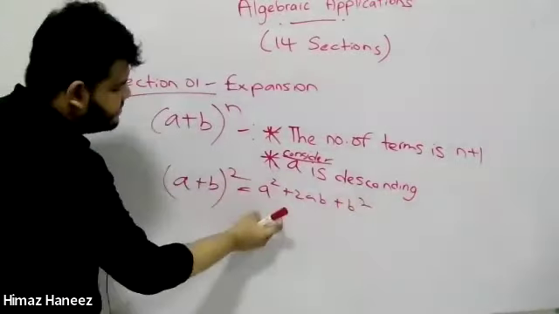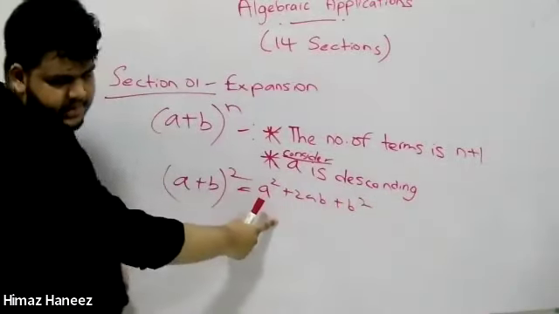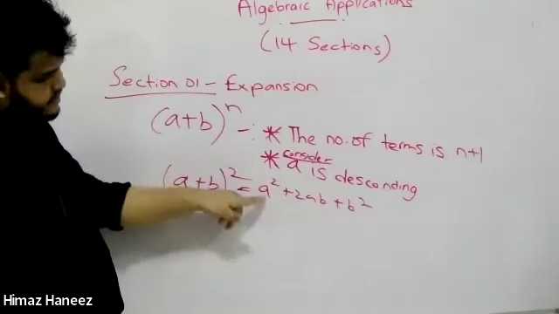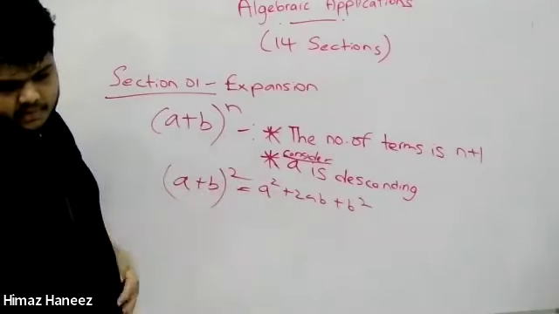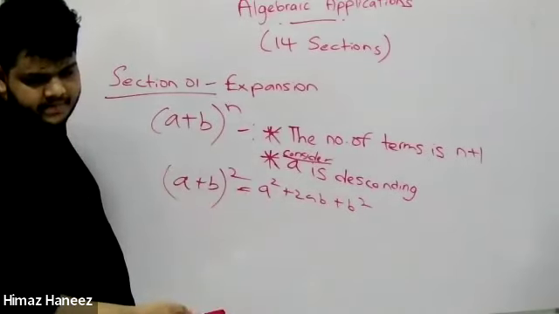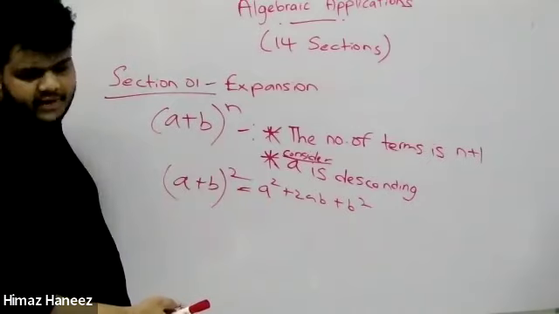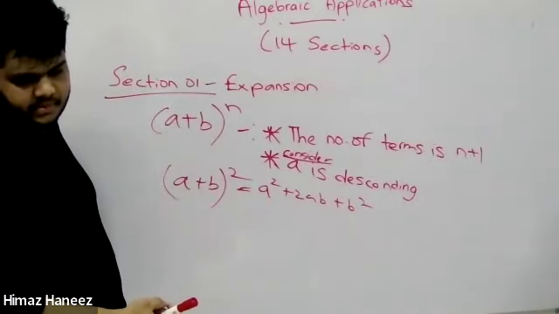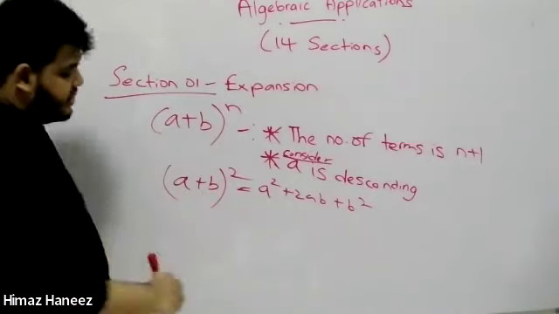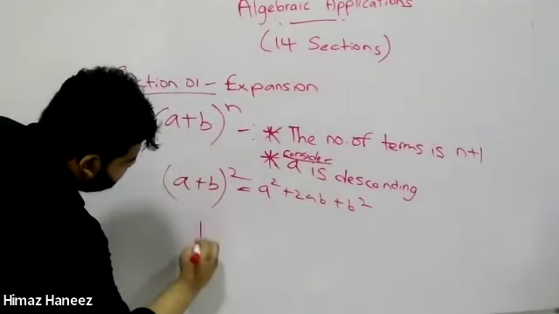So in the first term, what is the power of a? 2. What is the power of b? Does b have a power? Actually, you all learned something like this, right?